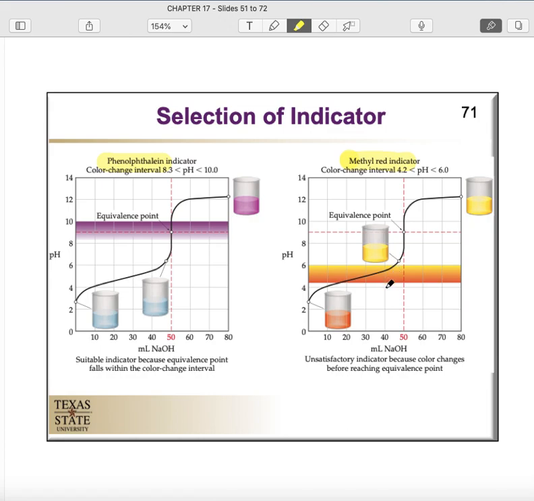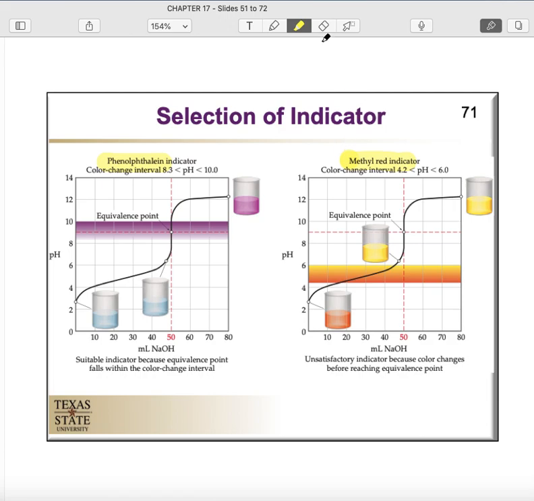So I want you guys to think about this. If you're doing this titration, would it be better to utilize phenolphthalein, or methyl red, which goes from red at low pH to yellow at high pH? Notice the pH at which the color change occurs. Think about it.